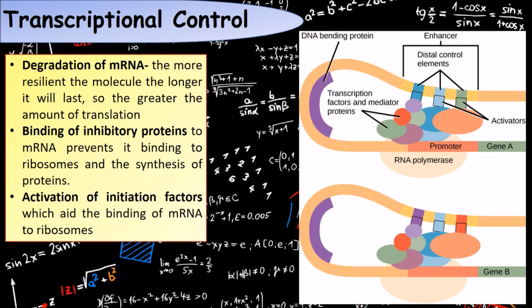Another way that gene transcription can be controlled is by transcriptional control. There are 3 main ways that this happens.